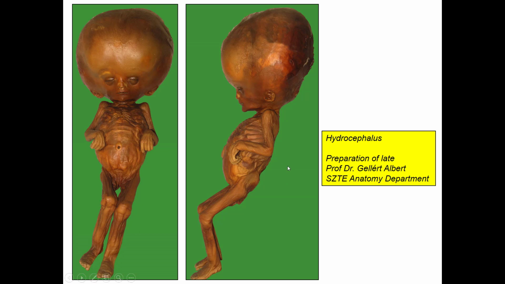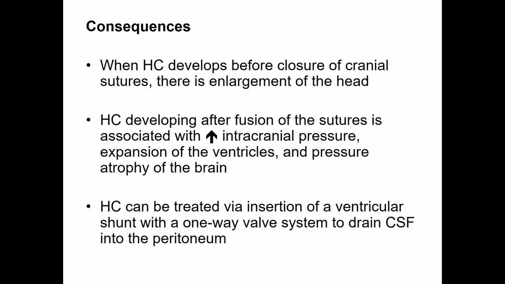Fortunately, these days you are not supposed to see such a severe case of hydrocephalus, because the evolution of this hydrocephalus can be prevented by so-called shunting, the insertion of a so-called ventriculoperitoneal shunt.